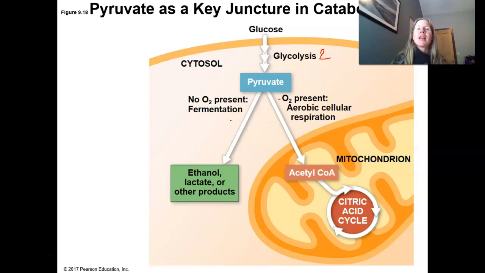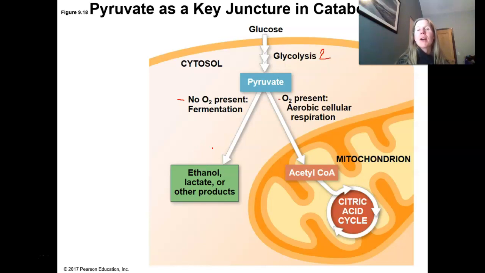Now, if there's not oxygen present, you can't do it, right? Because if oxygen isn't there to take electrons at the end of the electron transport chain, those electrons back up, we stop being able to oxidize the NADH, and our turbine turns off, okay?